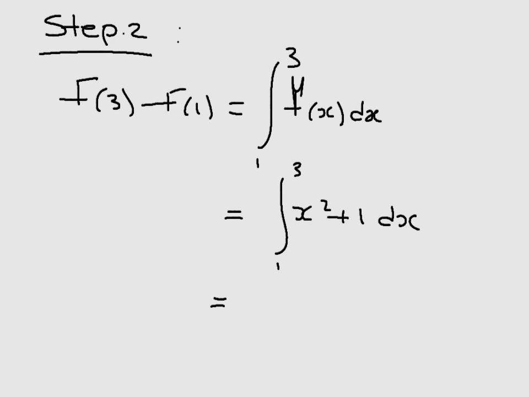In this case, this will be equal to x cubed over 3 plus x between 1 and 3. Now we ignore the constant of integration here, because since we're subtracting one antiderivative from the other, the constant of integration will just disappear.